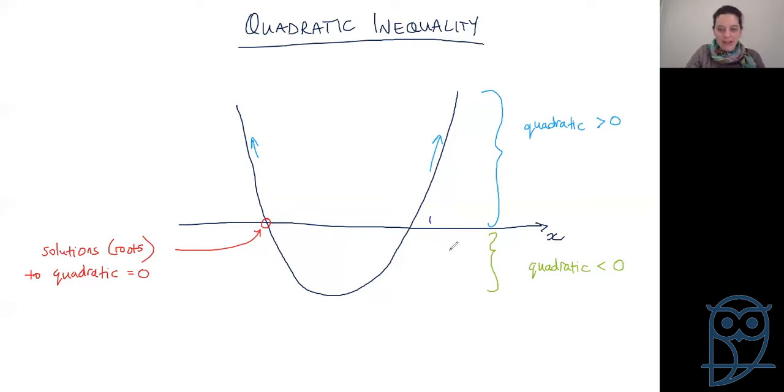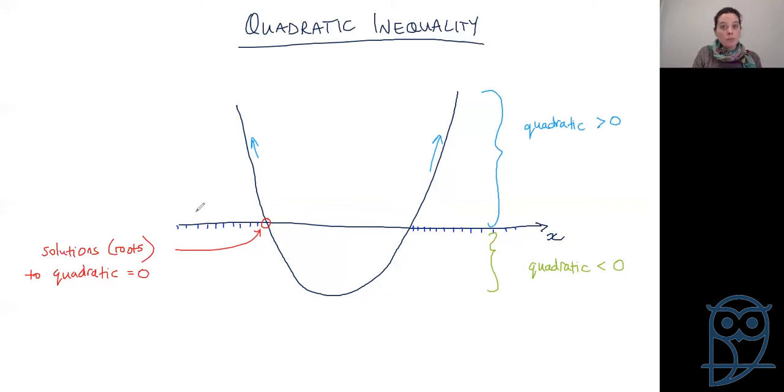Okay, so any x value along here, all of these values, and remember our graph goes on and on and on, all of these x values are going to give positive values. So they would be quadratic greater than 0. Same thing on this side. All of these x values, if we plug them into the quadratic, ax squared plus bx plus c, we would get out a value that is positive.